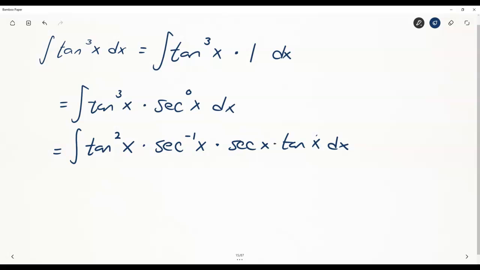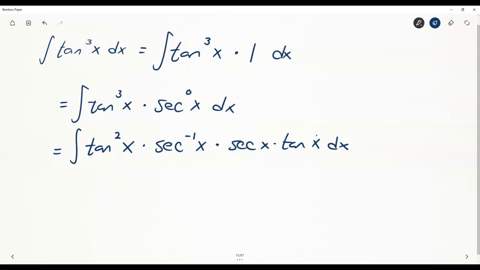What happens when I multiply secant to the negative 1 by secant of x? Add the powers together. You get secant to the 0, which is 1 again. So even though I had no factors of secant, I could write it like this. And this is now just going to be my remaining factors of secant. But this part of it is going to be my du in my problem.